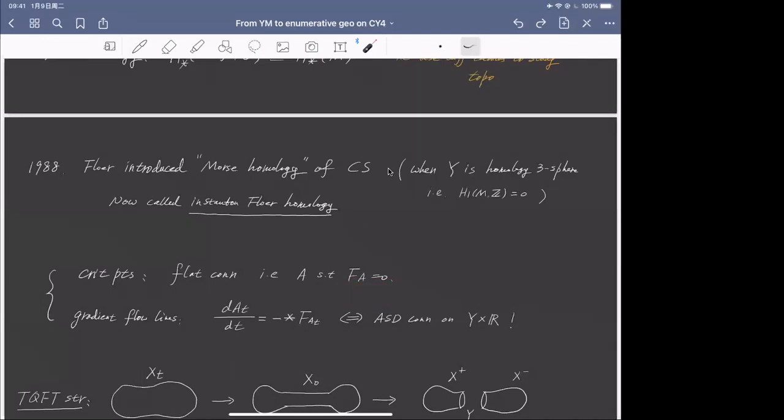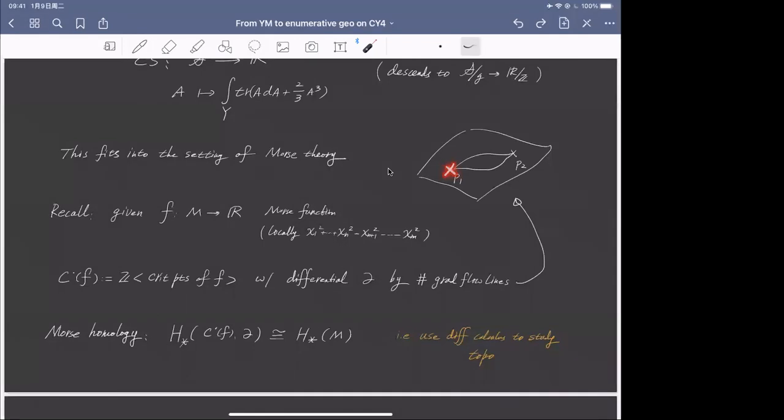Okay, so then what is the gradient flow line? The gradient flow line equation is something like here. The critical point now is a flat connection, but we want to consider gradient flow lines. So this is a one parameter family of connections on three-manifolds, right?